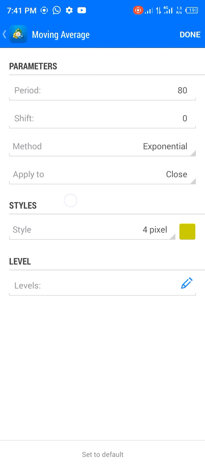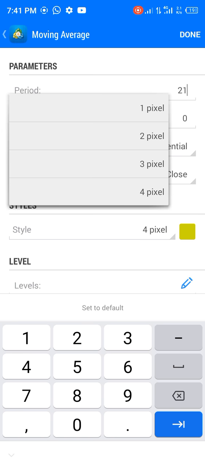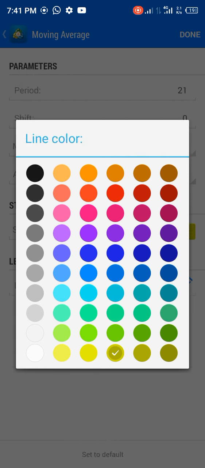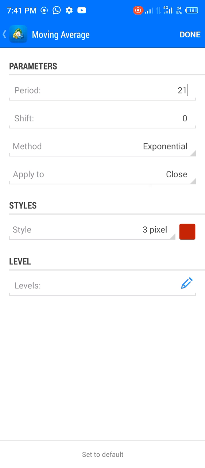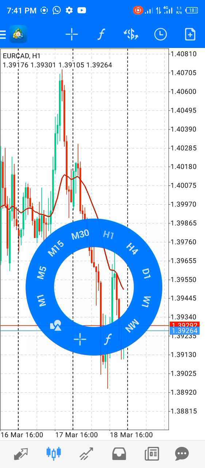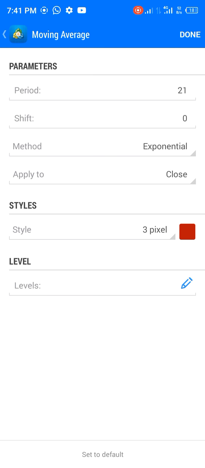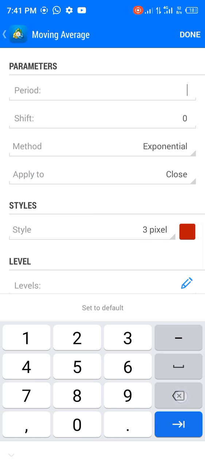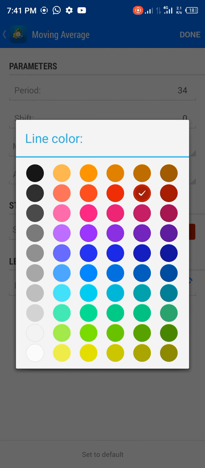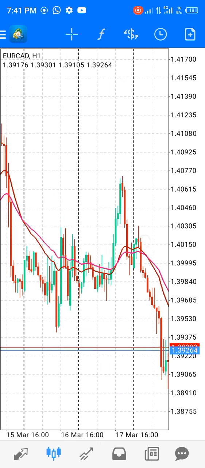Okay, we activate our moving average. We edit here, we put 21, exponential, pixel 3, color normal red that we are familiar with. You activate it. Okay, the second one is the moving average 34. You edit it here, you set up 34, change the color to pink, you activate it.